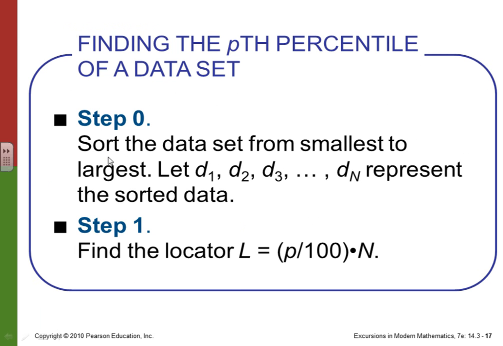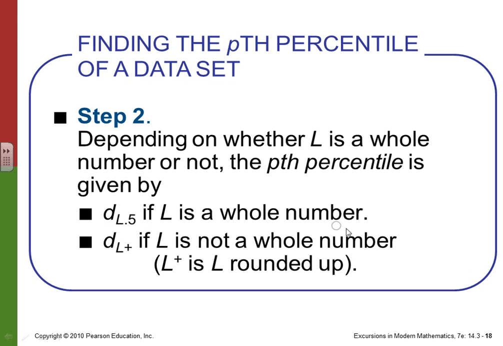So if we're going to find a percentile, we have to sort the data from smallest to biggest, and then we have to locate the data point we want. So I want the 10th percentile, so that would be 0.10, 0.1 of the total number, and that would be my position.